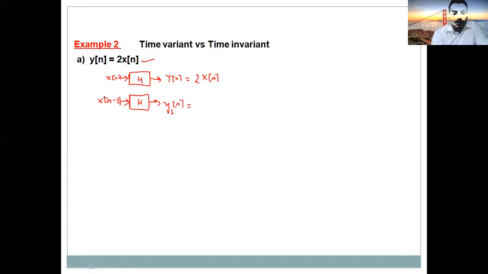Now any input applied is multiplied by 2. So that will be the output, 2 times what is the input? x of n minus 2. So this is the output when the shifted input is applied. Shifted input is applied. Okay.